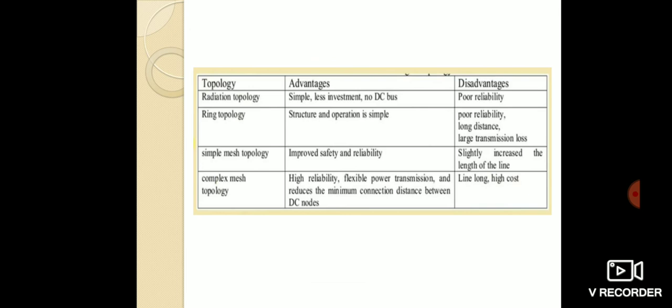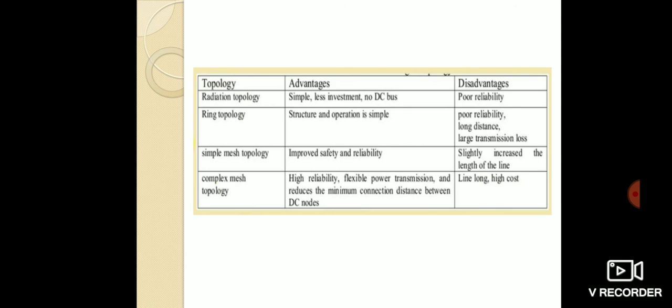The topologies, with their advantages and disadvantages, are radiation topology, ring topology, simple mesh topology and complex mesh topology. Radiation topology advantages: simple, less investment and no DC bus. Ring topology: structure and operation are simple.